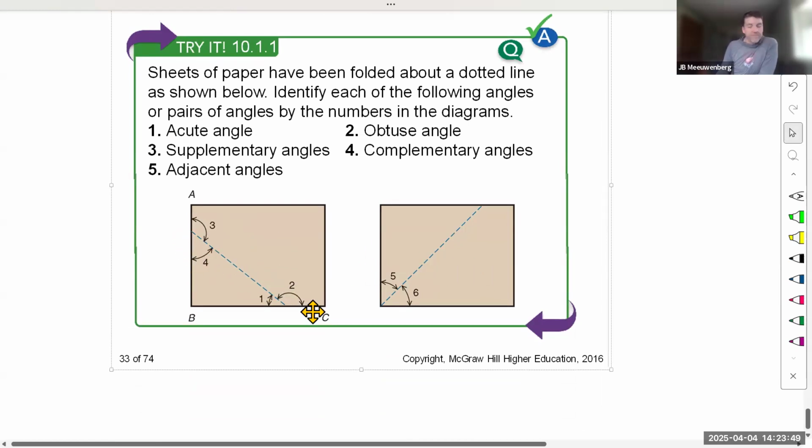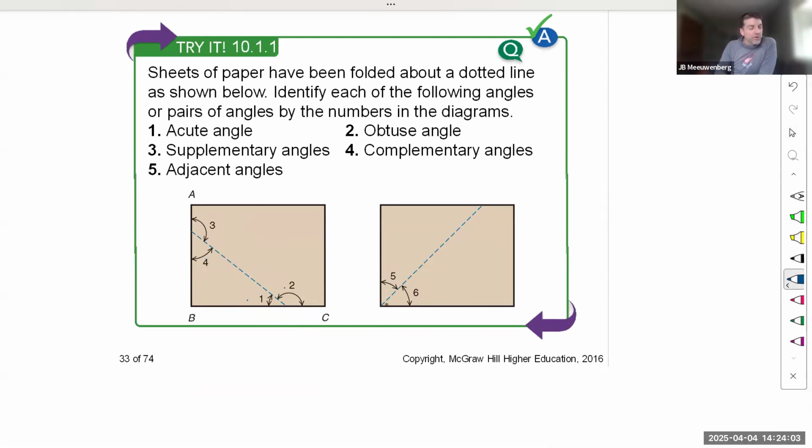For the first one, make a fold that looks like that, and then label these angles 1, 2, 3, and 4. Then on a separate sheet of paper, right from the corner, make a fold over to there, and we'll label that 5 and 6. Once you've done that, we're going to identify each of the following angles or pair of angles by the numbers in the diagrams.